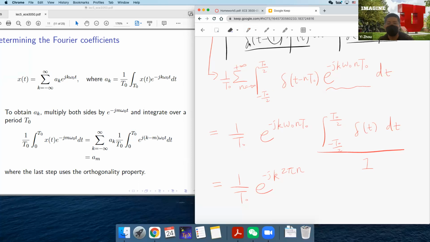Okay, only n equals to 0 makes sense. So we should plug in n equals to 0, which makes this 0. Now 0, this basically gives us 1. E to the power of 0 gives us 1.